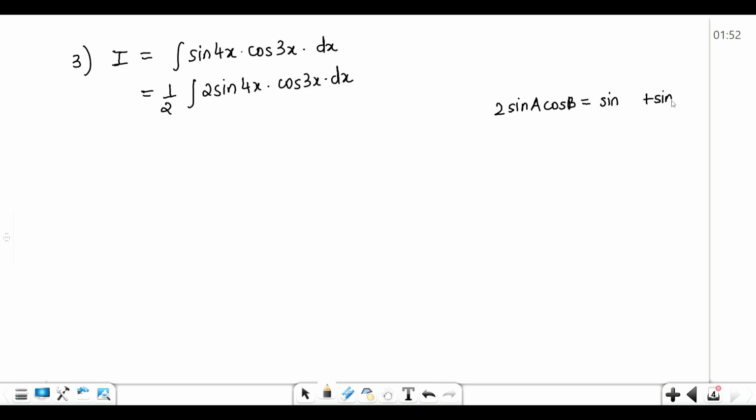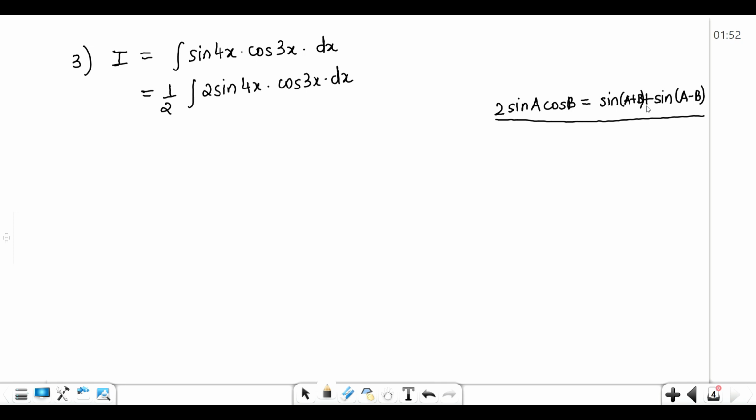So here the angle would be a plus b, and here the angle would be a minus b. This is the conversion of a product into a sum and difference of trigonometric ratios. You must have studied this, just remember it.